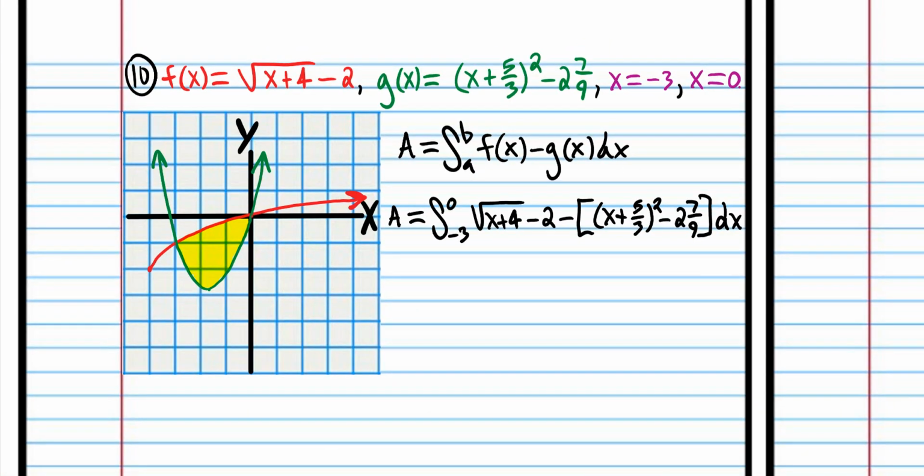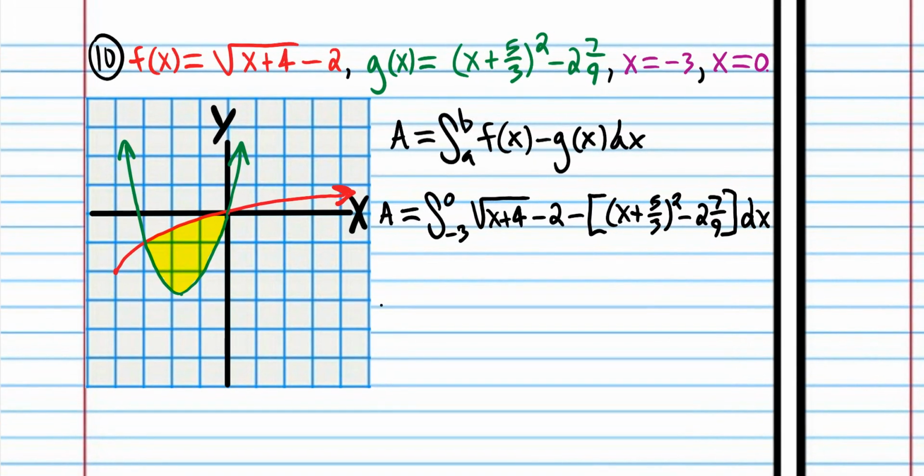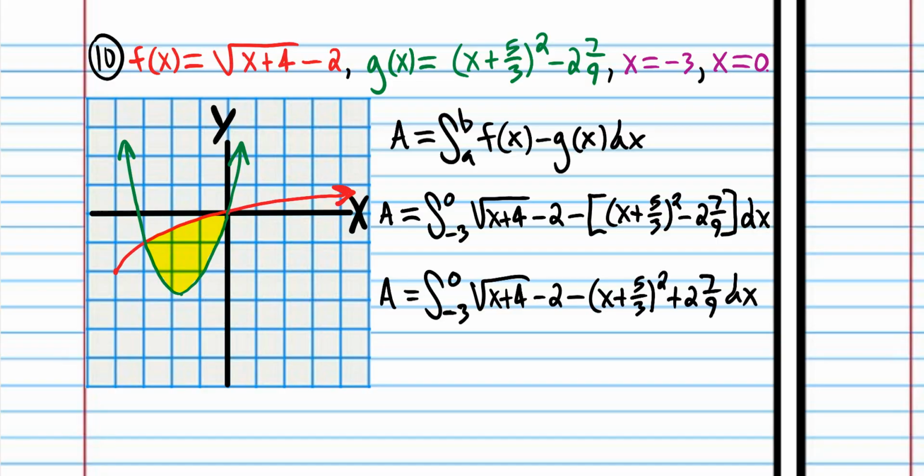So we just have to simplify that expression. I'm going to distribute the negative. And then we're going to combine these blue numbers. So -2 plus 2 7/9 is 7/9.